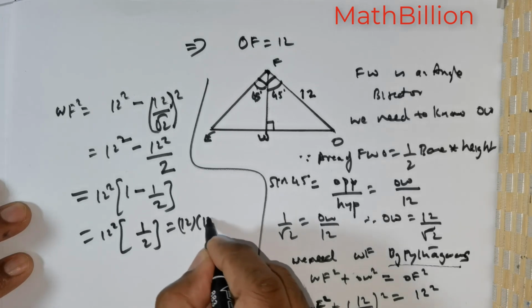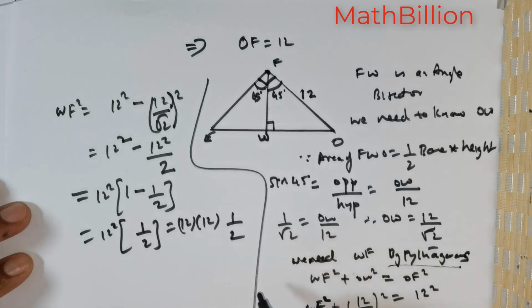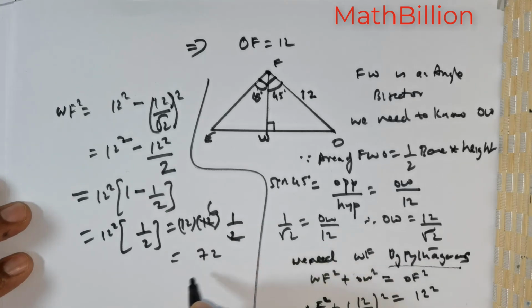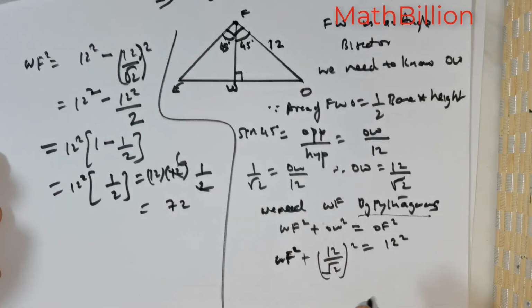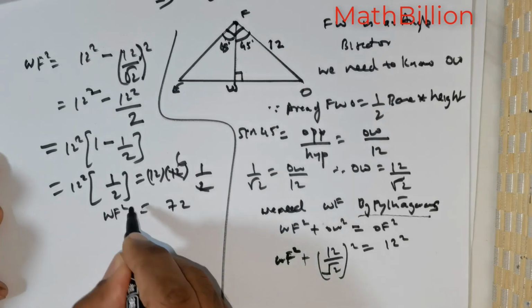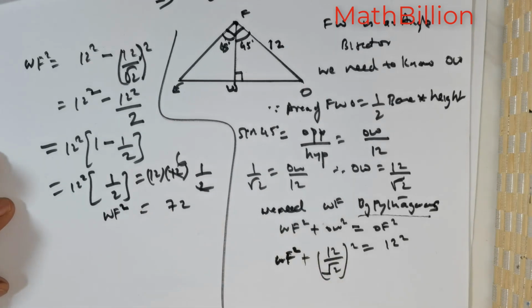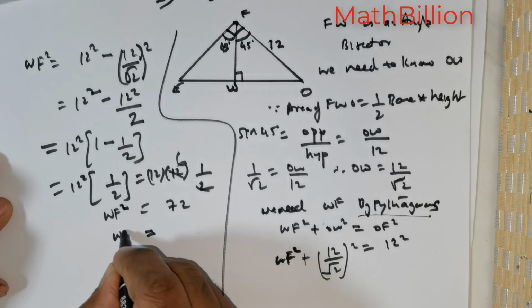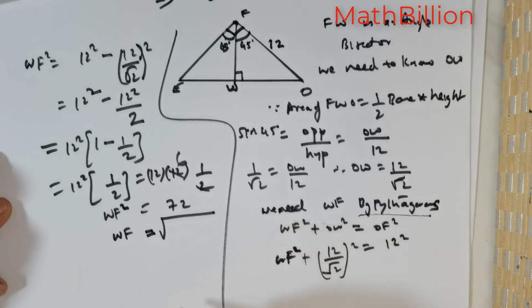So I'm going to write this as 12 into 12 times 1 over 2. 2 divides here 6 times. 6 times 12 is 72. So this is my WF squared, right? So I need to get my WF. So WF is equal to root of 72.